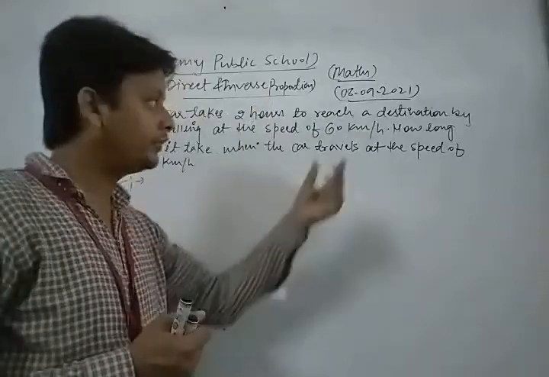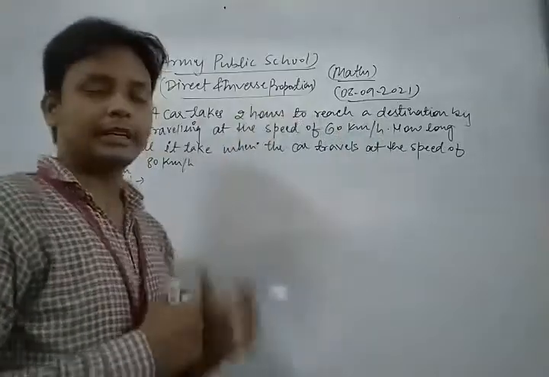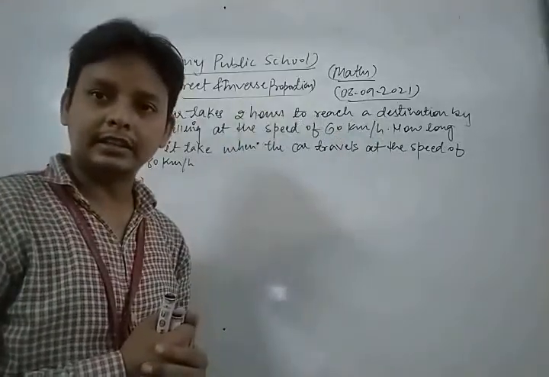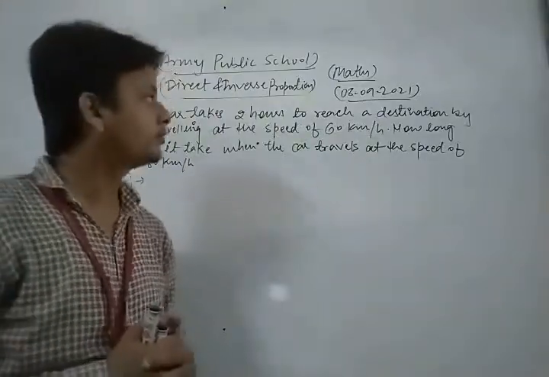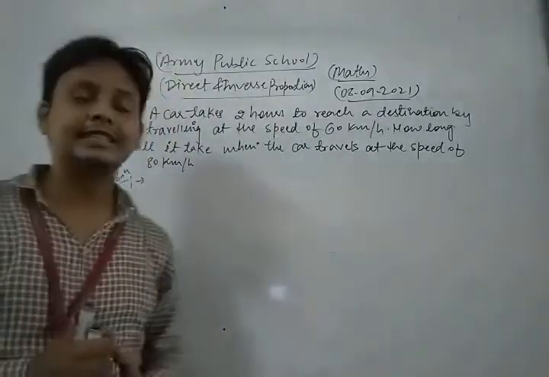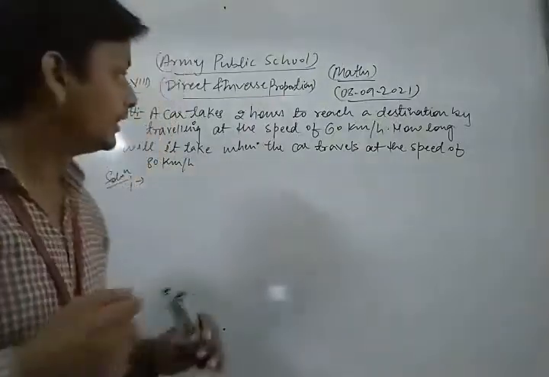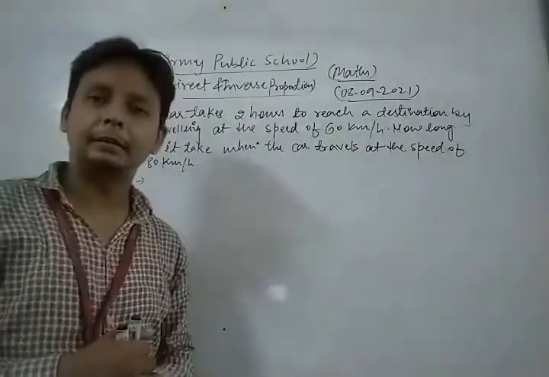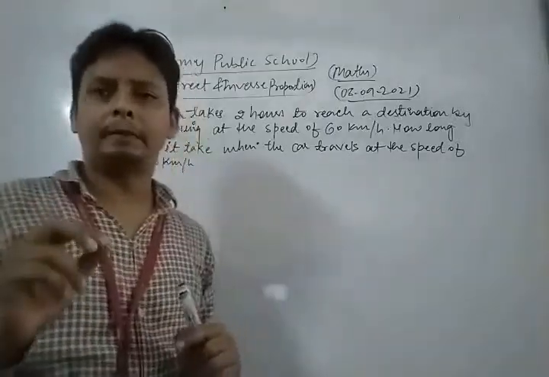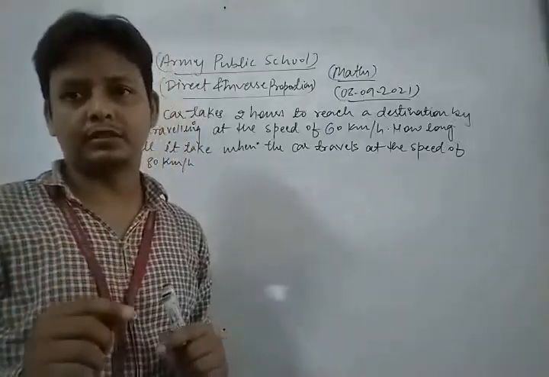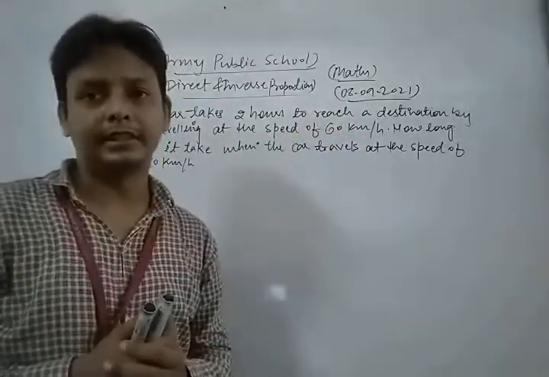So dear students, if the speed of the car increases, then the time taken by that car decreases, and if the speed of the car decreases, then the time taken by that car increases. So in this way there is an inverse relation between the speed of the car and the time taken by it.